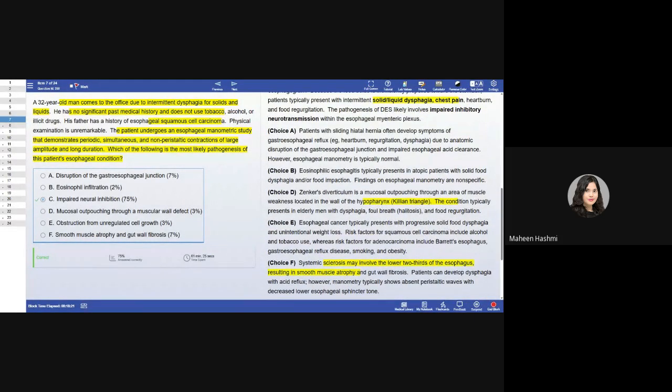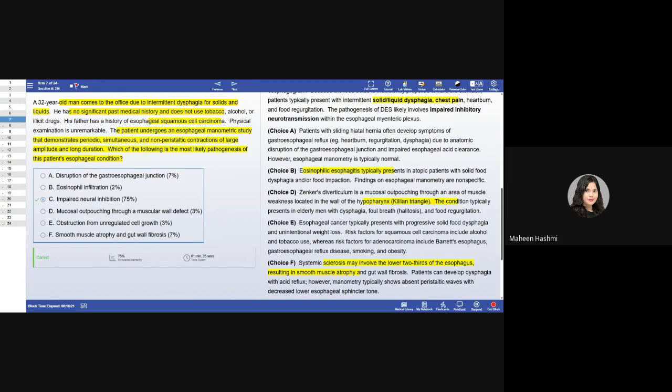What do you mean by eosinophilic esophagitis? It's chronic immune mediated, and it is associated with atopy. Any person who has a history of eczema, asthma, allergy, atopic conditions.